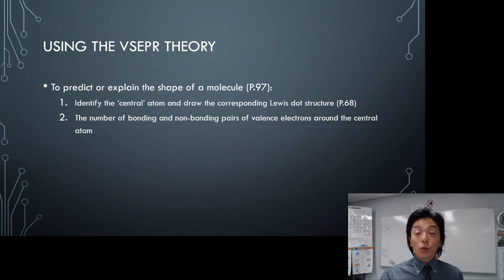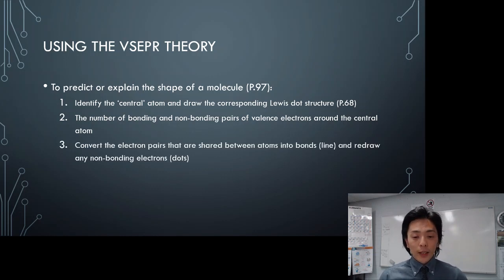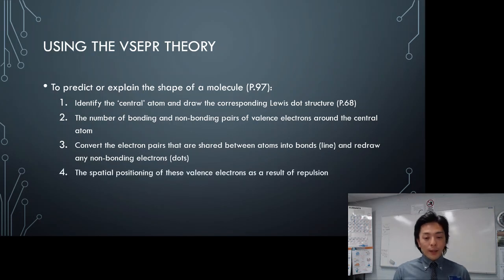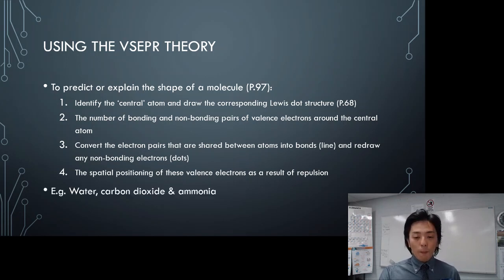So we are still sticking to the Lewis dot structure. Convert the electron pairs shown between atoms into lines, so bonds, and redraw any non-bonding electrons. So they can stay as dots, but any bonds can be converted into single, double, or triple lines. Finally, think of the spatial positioning of these valence electrons as a result of repulsion.